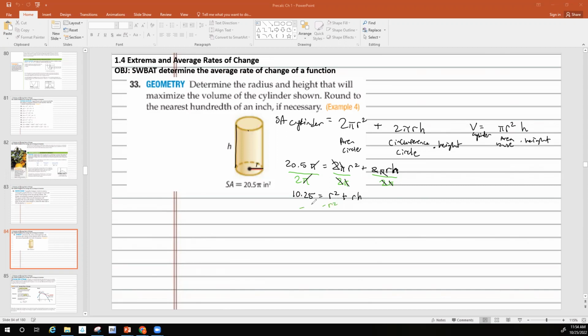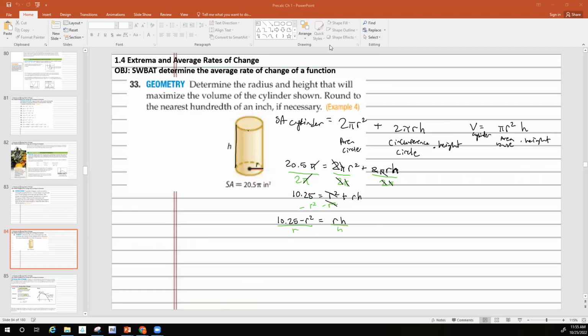So we subtract r squared from both sides. Those are not like terms, so we just leave it as it is. 10.25 minus r squared equals r h. And how do you get rid of a times r? The opposite of multiplying by r is dividing by r. So we divide both sides by r.